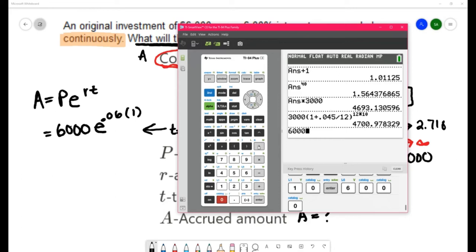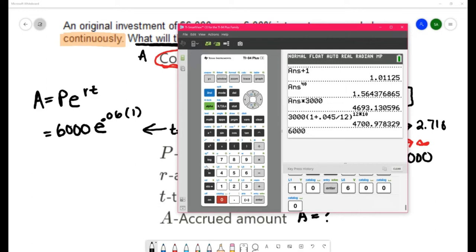You've got the division symbol, and in blue above that division symbol we have E, and that is the E in the formula. And then on this button here, this is the LN button. In blue above it we have e to the x.